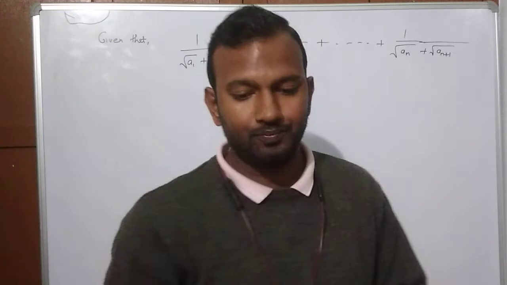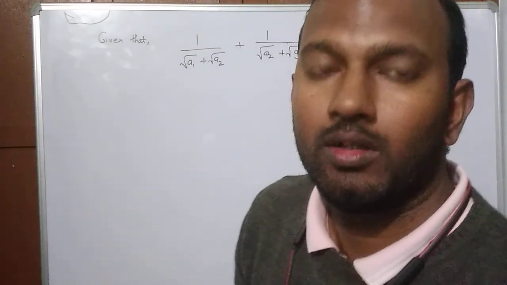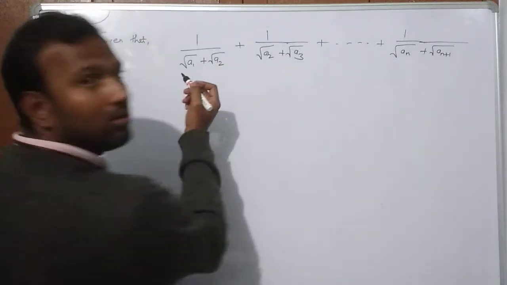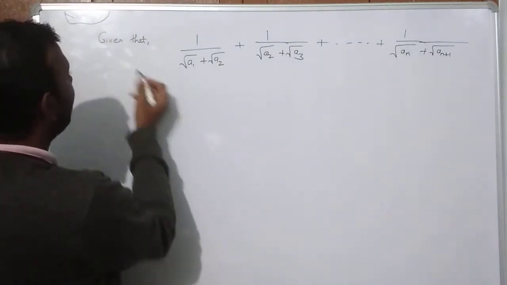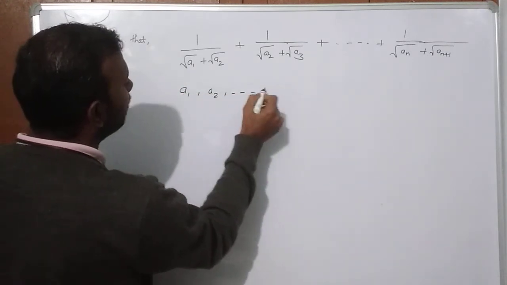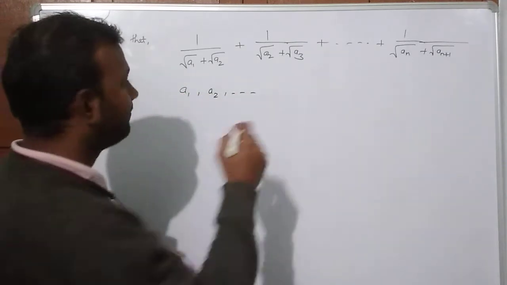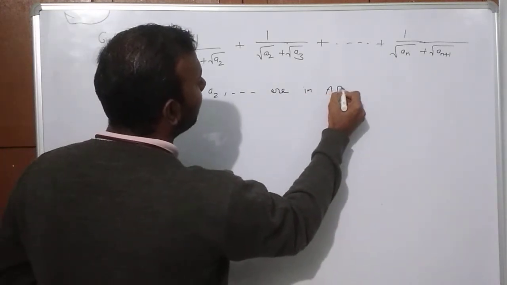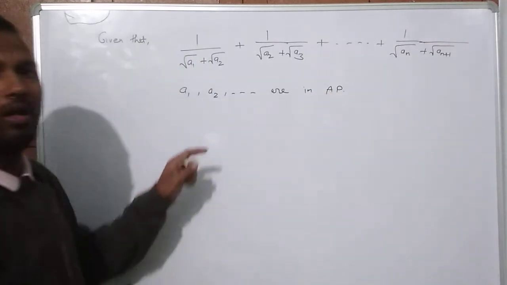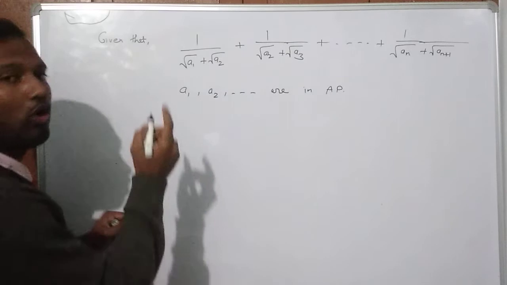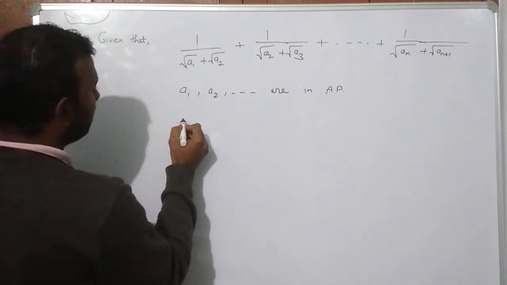Now what they are saying is that A1, A2 and so on are in AP. If these are in AP, then the common difference is what?